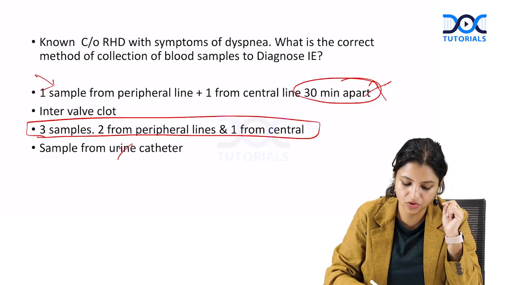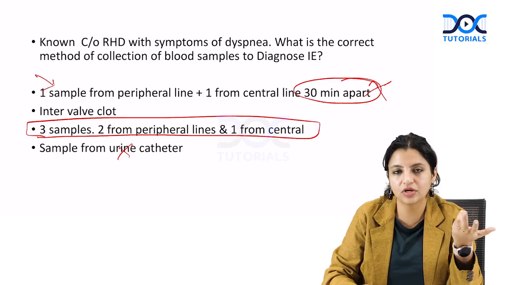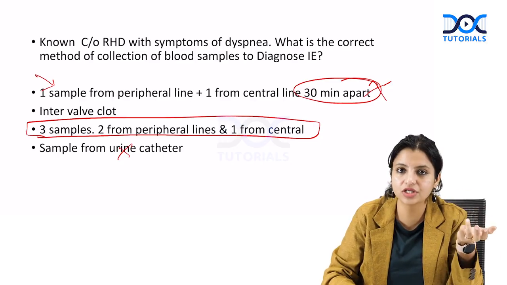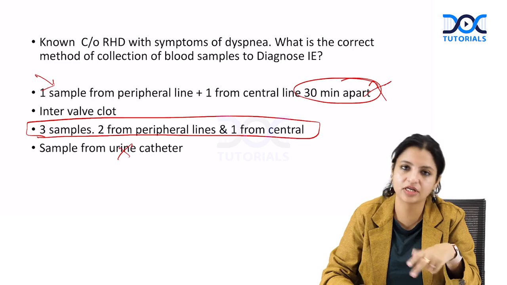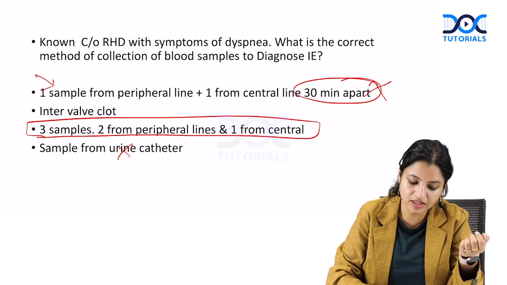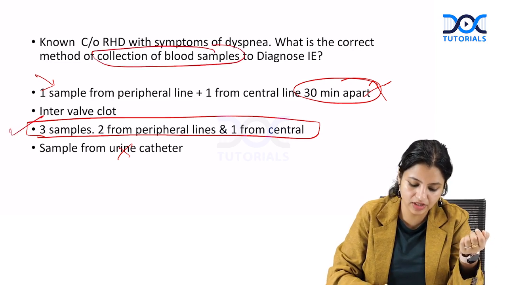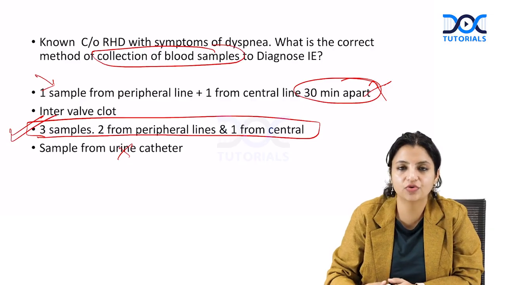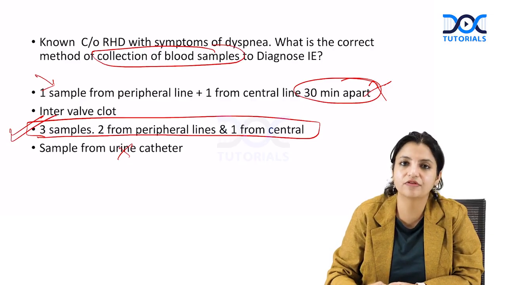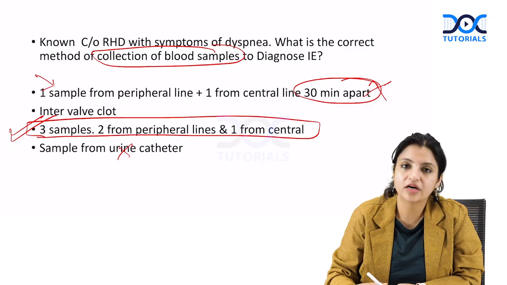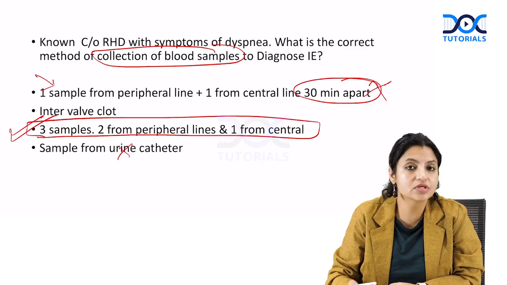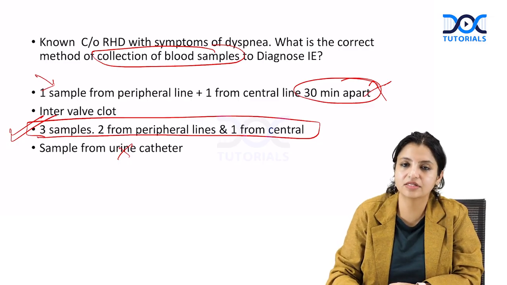Urinary catheter is not there. Intravalve clot means, if you're doing a histological examination and you find a characteristic organism, then yes. But they're asking about collection of blood samples, so I think option C is correct. You require 3 culture bottle sets from different venipuncture sites, right? So that is how we make a diagnosis of infective endocarditis. Is everybody clear with that?